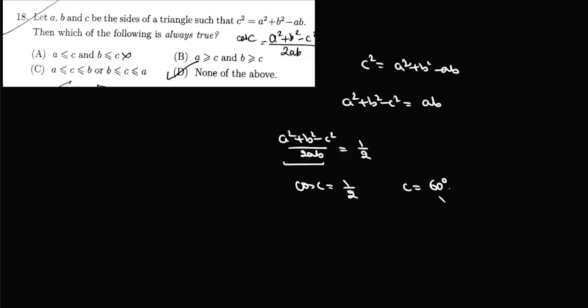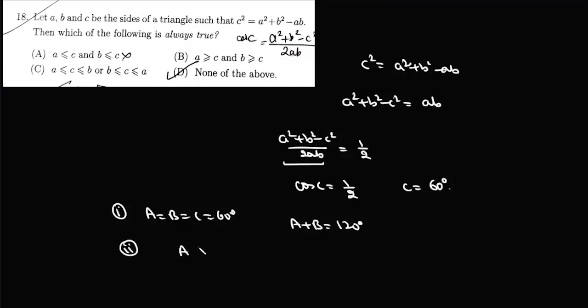Now if angle C is 60, then either all the three angles, they are same, they are 60 degrees, and we know that A plus B is 120, or this other case when one of the angles is less than 60 and the other angle is greater than 60.